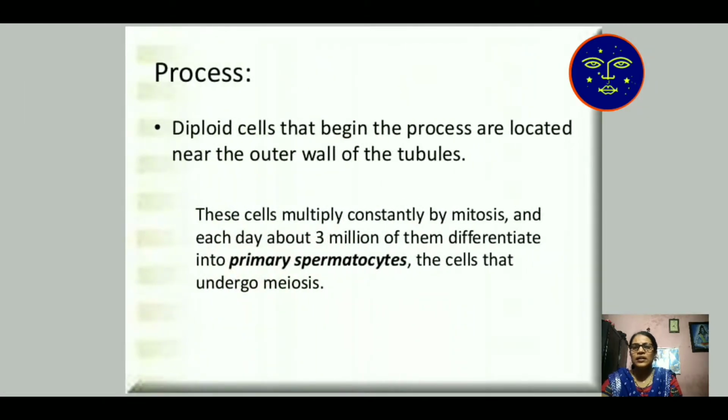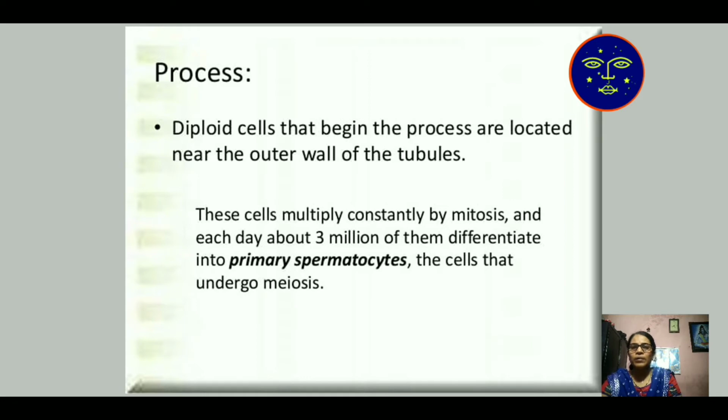Then the process: the diploid cells that begin the process are located near the outer wall of the tubule. Tubule means seminiferous tubule. These cells multiply constantly by mitosis and each day about 3 million of them differentiate into primary spermatocytes.